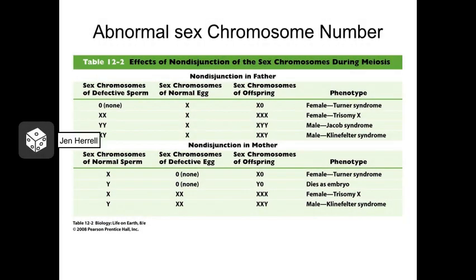Many conditions and syndromes occur because of an abnormal number of sex chromosomes. For instance, individuals with monosomy X or XO are lacking an X chromosome. On the other extreme, we have trisomy X. That's where the individual has an extra X chromosome.